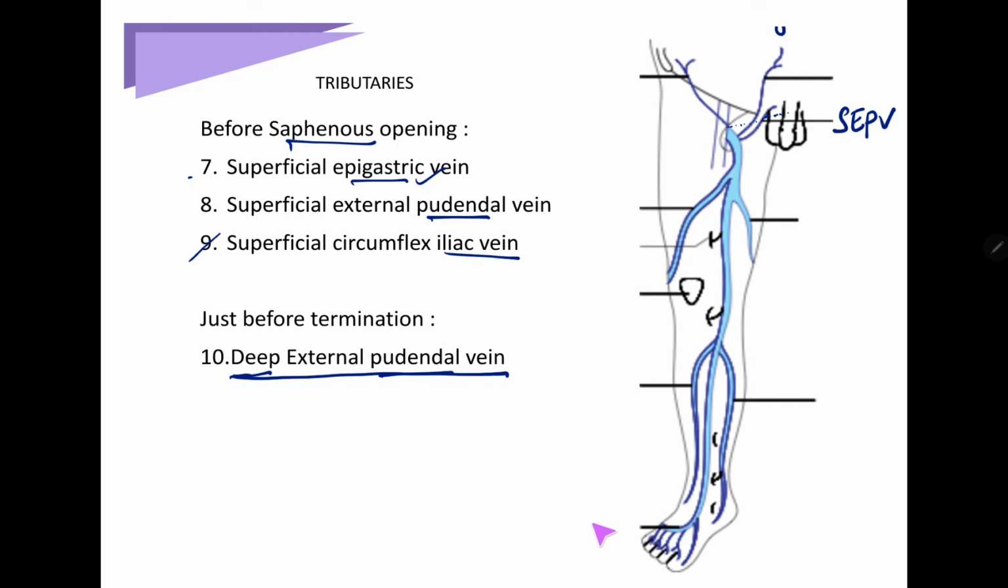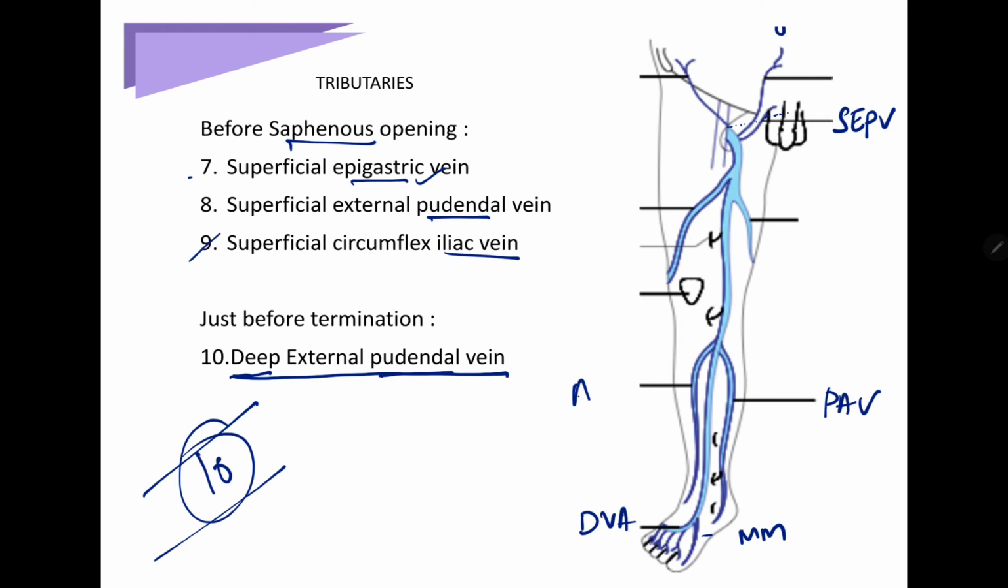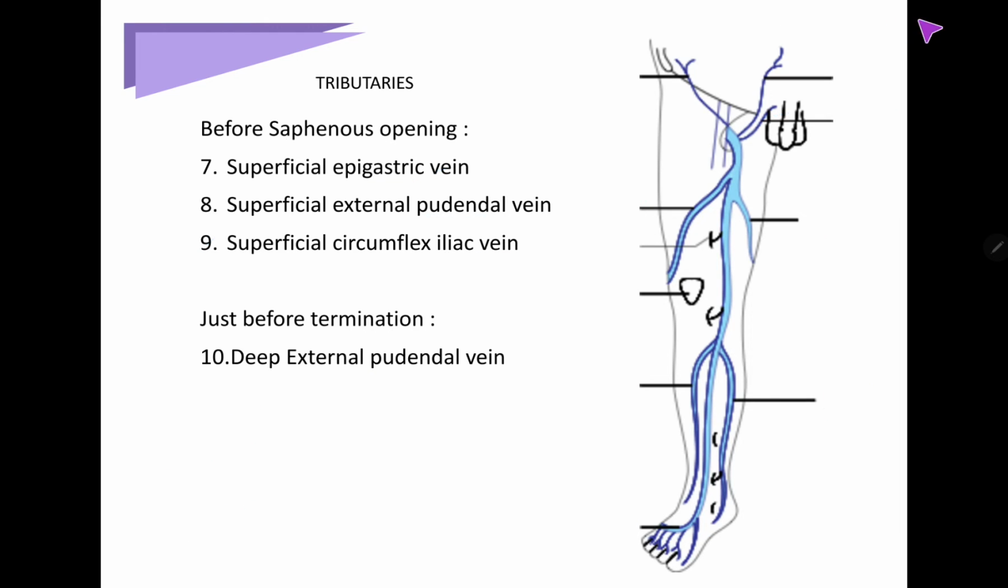So you have the 10 tributaries. Remember, branches for arteries and tributaries for veins. So dorsal venous arch, medial marginal vein, posterior arch vein, anterior leg vein, anterolateral vein, posteromedial vein, and the 3 superficial and 1 deep tributary.